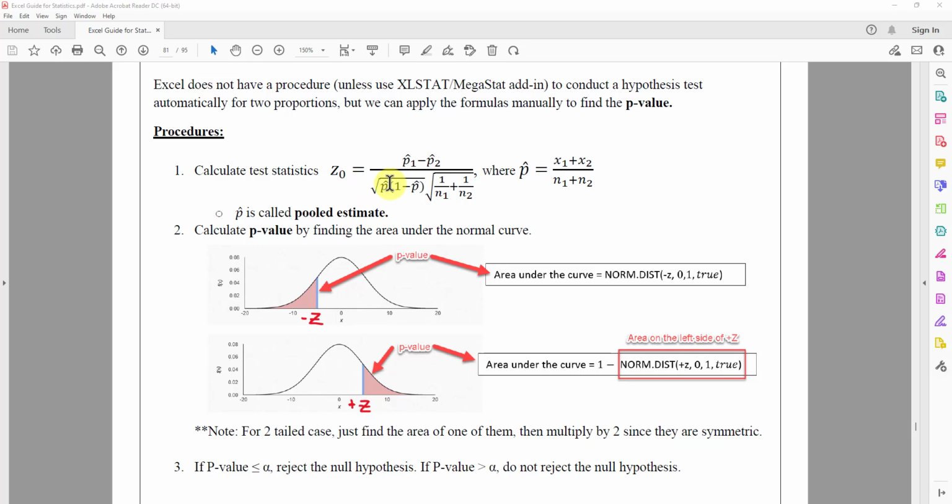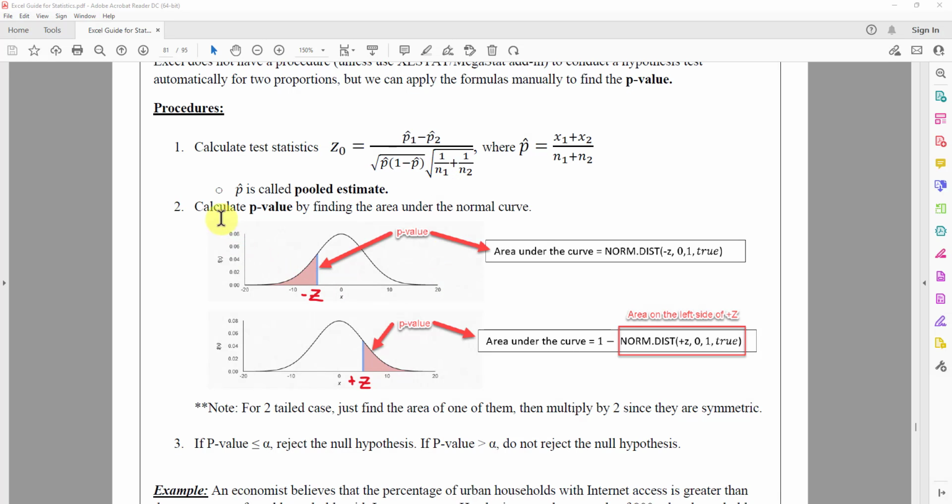The p hat 1 is the sample proportion for the first sample, and p hat 2 is the sample proportion for the second sample. And to find the p-value, we are looking for the area under the normal curve.